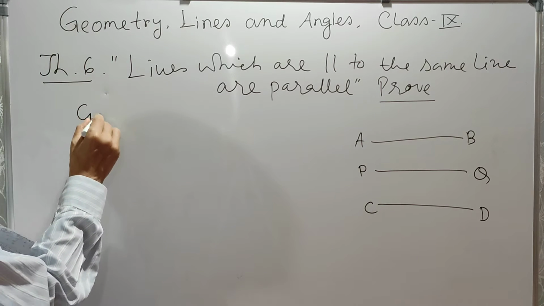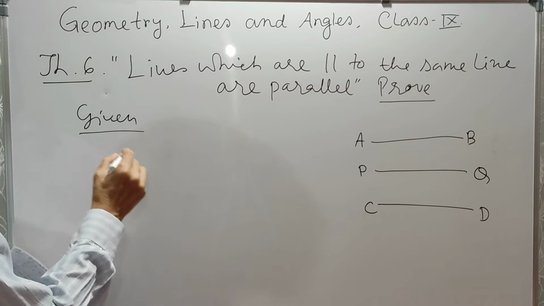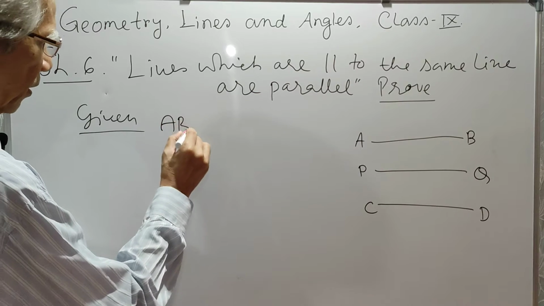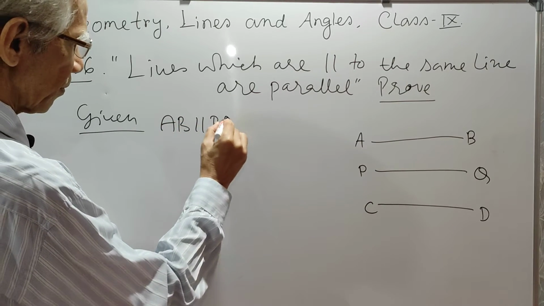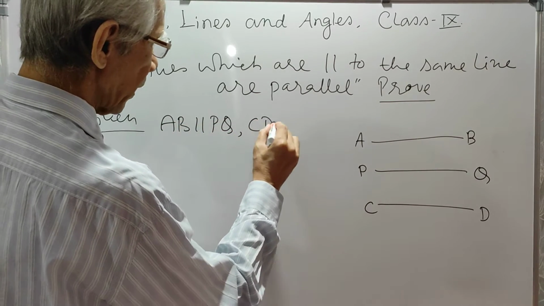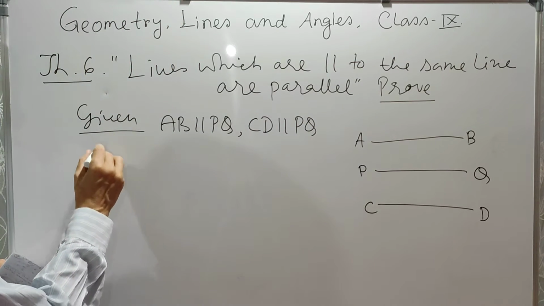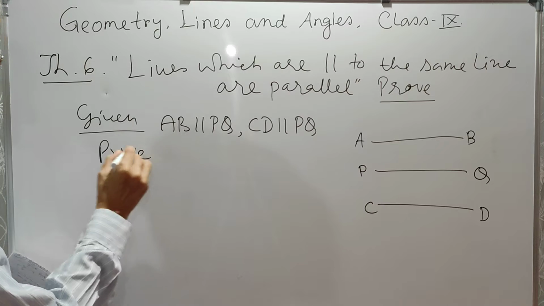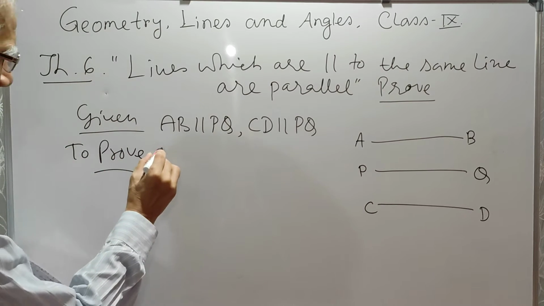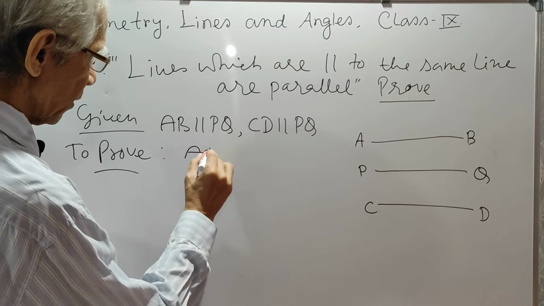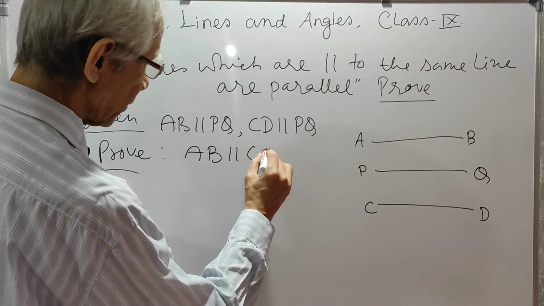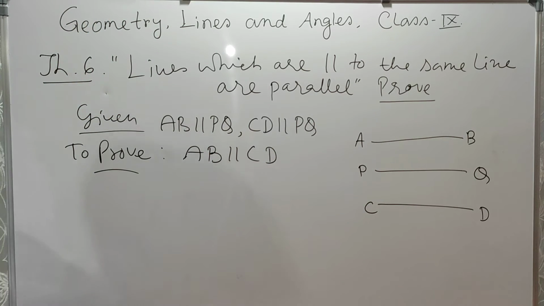Now what is given? AB parallel PQ and CD also parallel PQ. This is given. So we have to prove what? AB parallel CD. Okay.